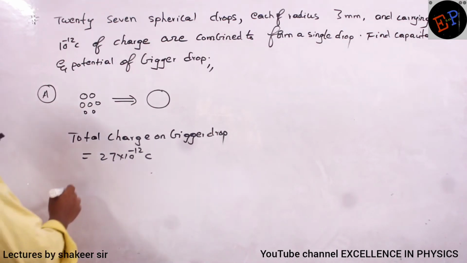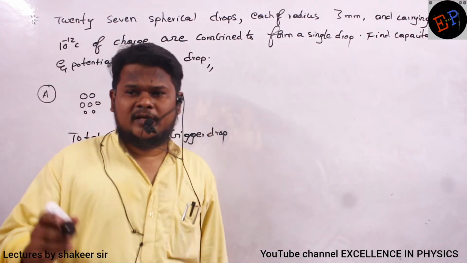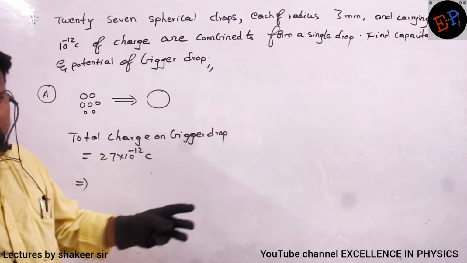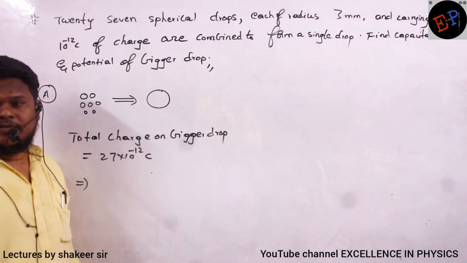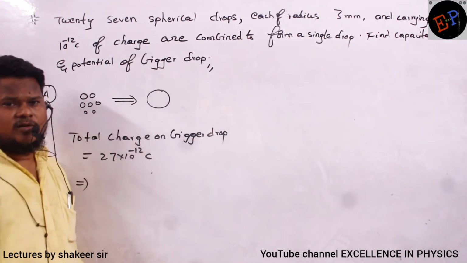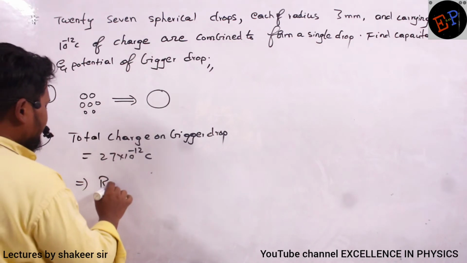Clear, no? Similarly, to find out capacitance and potential, first of all I require the radius of this bigger drop, because without radius we can't do anything. The equation of capacitance for a sphere is 4 pi epsilon naught into r. How can I calculate the radius of the bigger sphere?